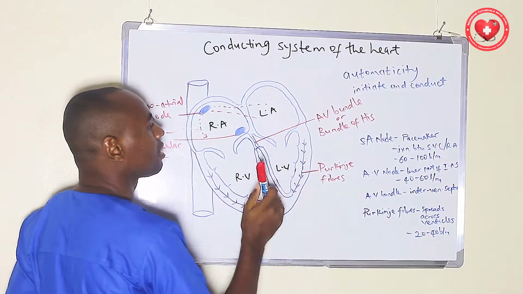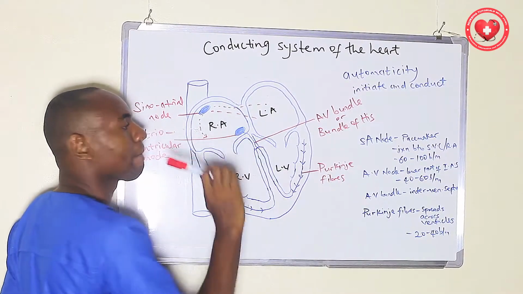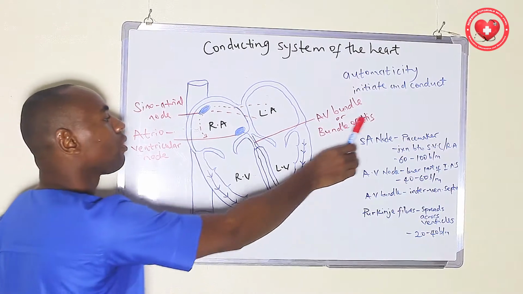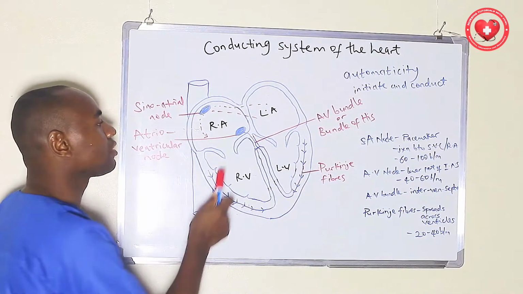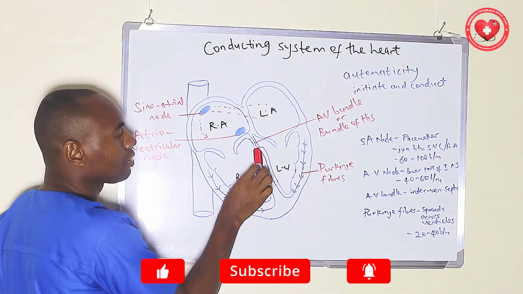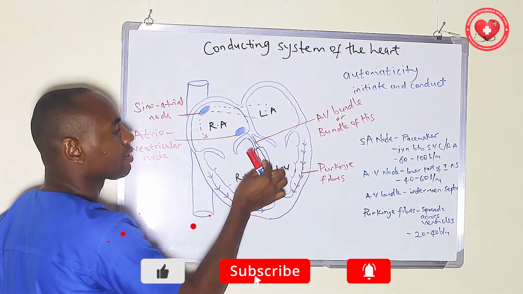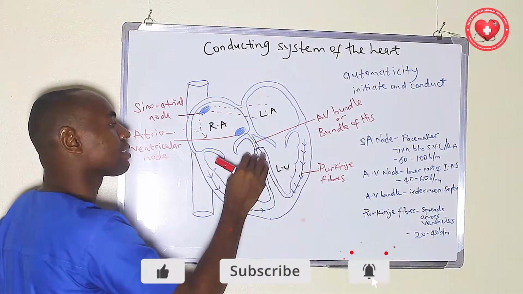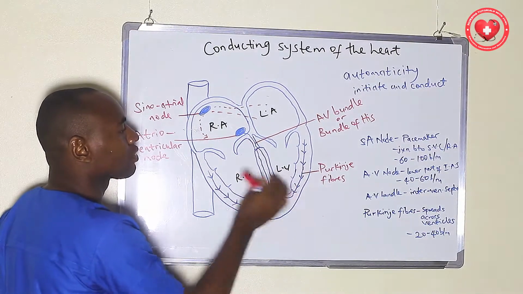Alright, the next on the list is the atrioventricular bundle, or we call it the bundle of His. It continues as a bundle from the AV node down to where it divides into right and left branches.